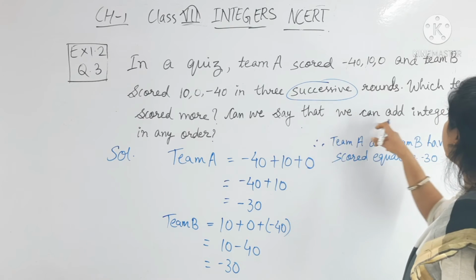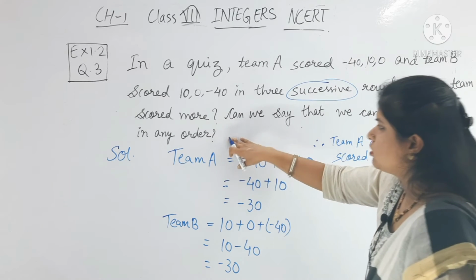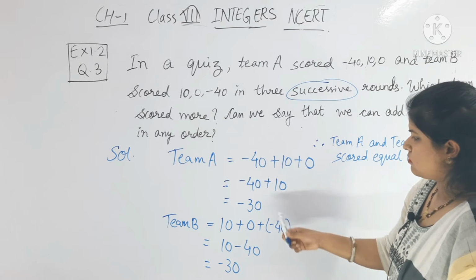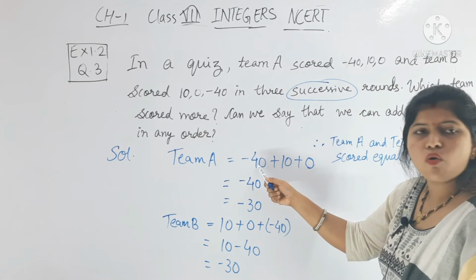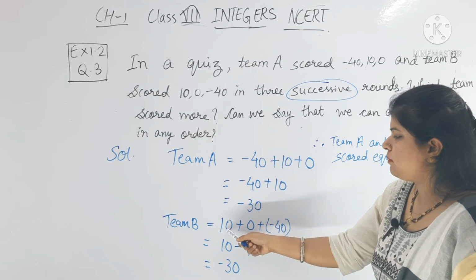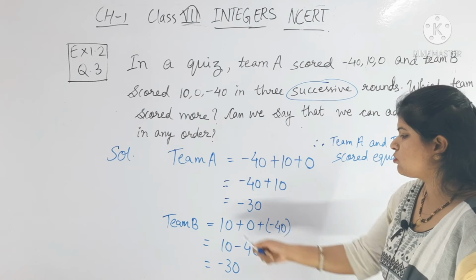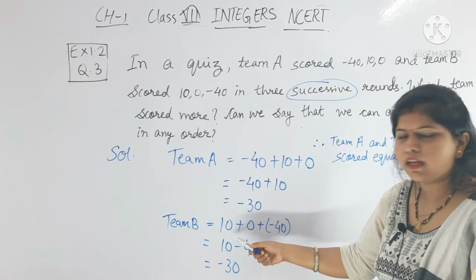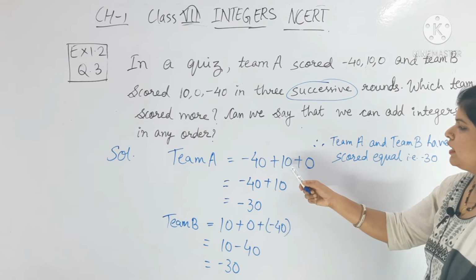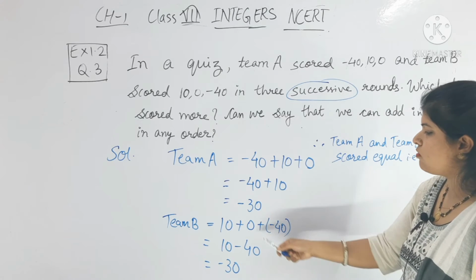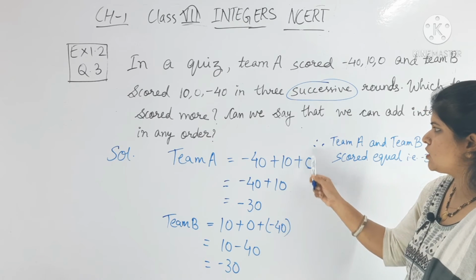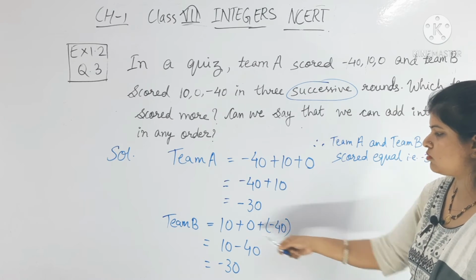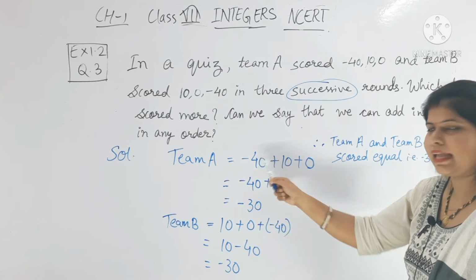Can we say that we can add integers in any order? You can say that in the first round team A scored -40 and team B scored +10. In the second round here 10 and here 0, and in the third round here 0 and here minus 40, means the same numbers in any order.